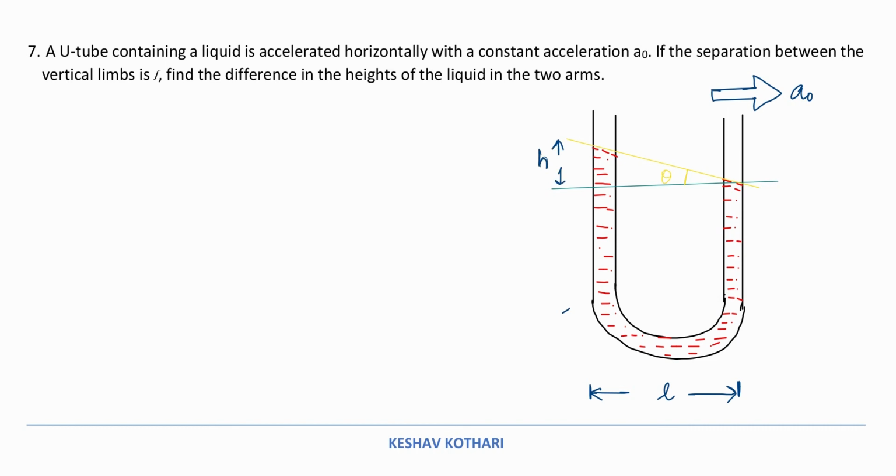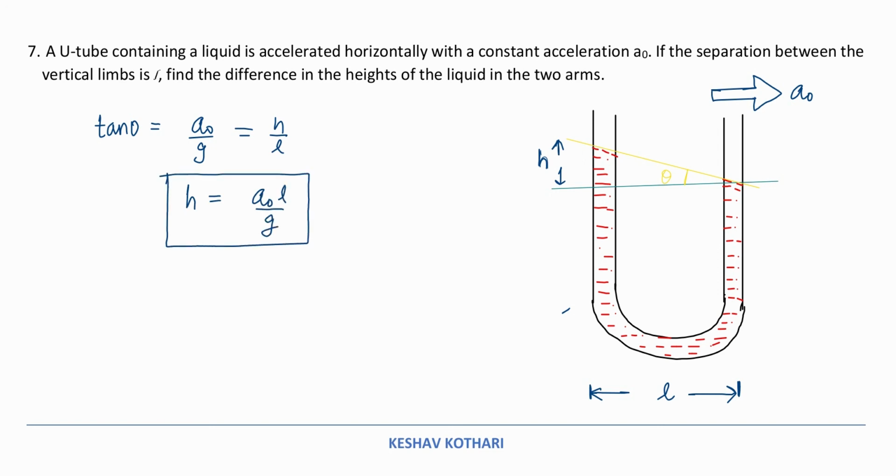From the standard result that we know, tan theta is equal to a by g, and this can be written as h by L. So the difference in height of the liquid level in the two limbs is equal to a naught L by g. So this is the simple explanation for this particular problem, that is, h is equal to a naught L by g. Let us move to the next one.